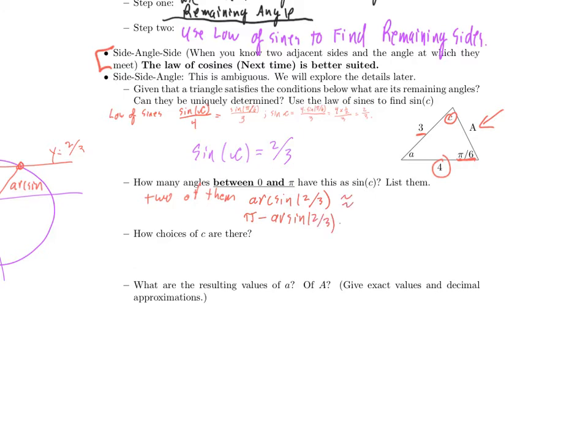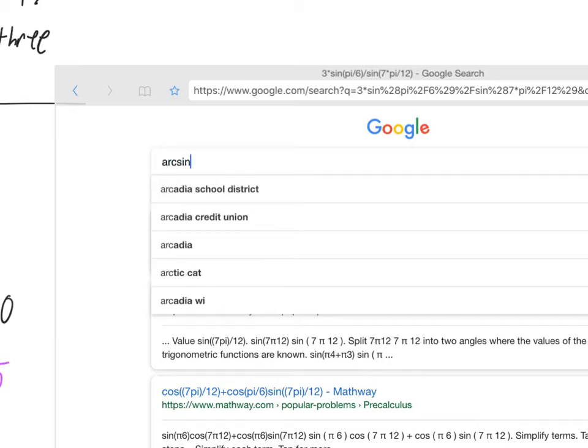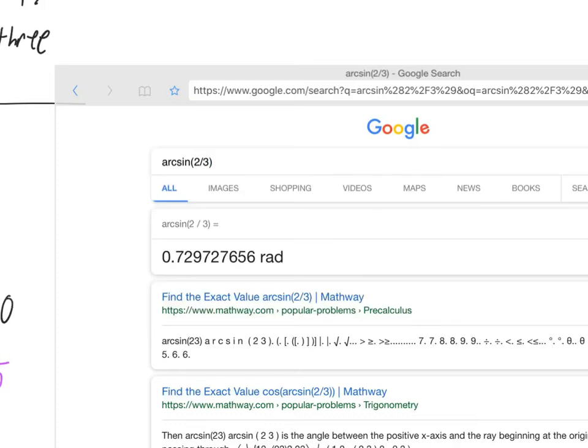Let's go ahead and approximate those, again, using a machine. Arcsine of 2 over 3 is somewhere around 0.73 radians.